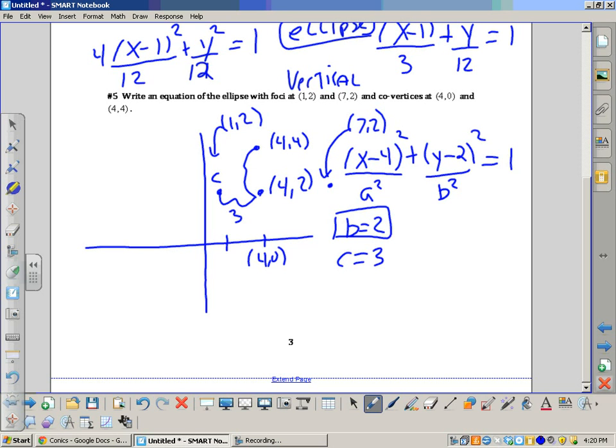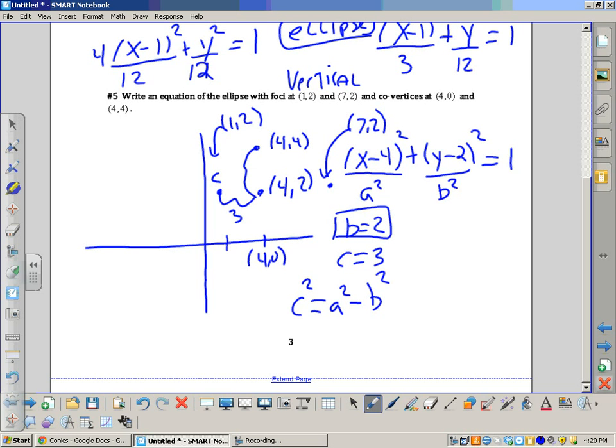On the front page of the notes, it gave you an equation for the foci of an ellipse. In class, we will work more with them, and we'll work more with the general form of an ellipse in problem solving. But you have this equation, a squared minus b squared equals c squared.